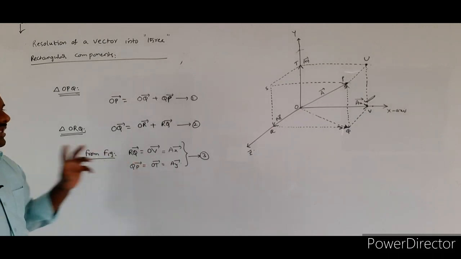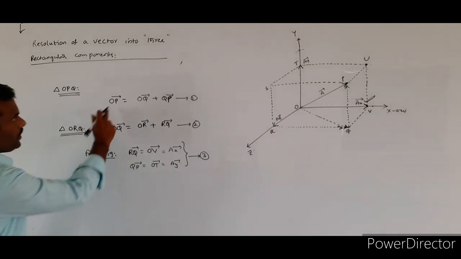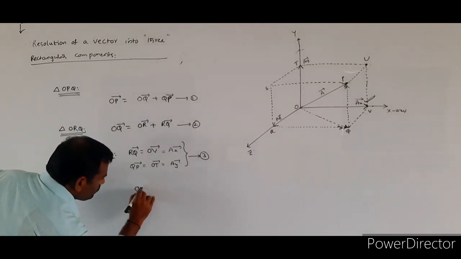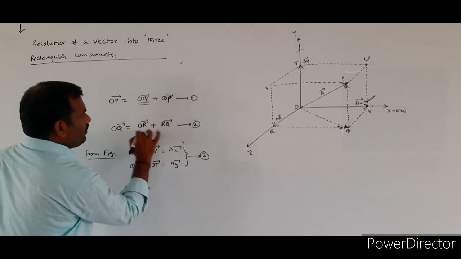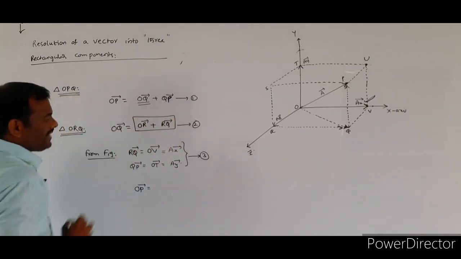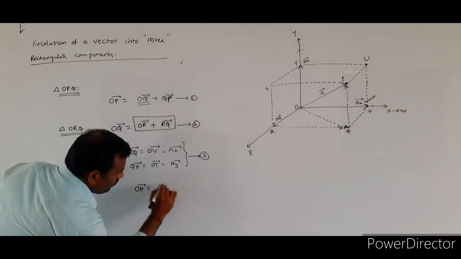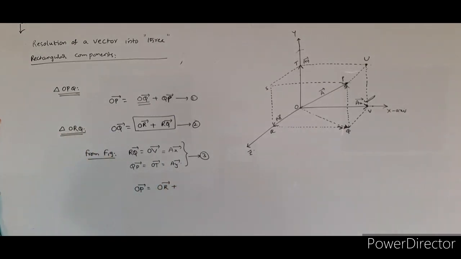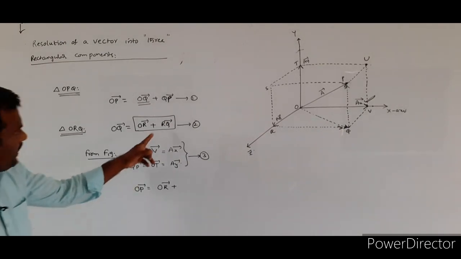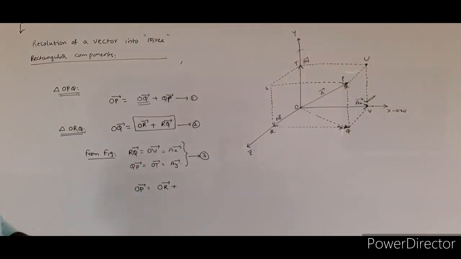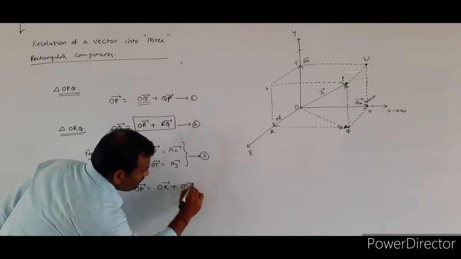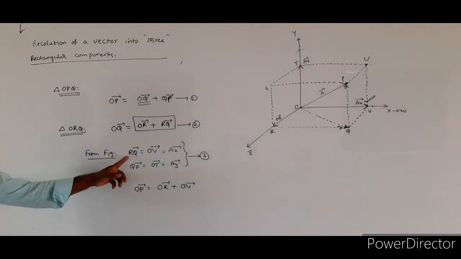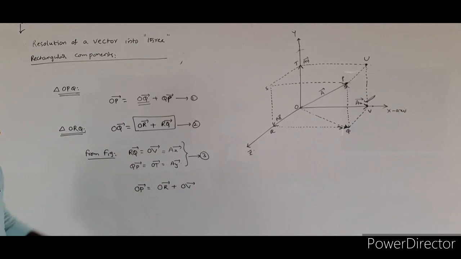Now see here, OP bar is equal to OQ bar, and OQ bar is equal to OR bar plus, in the place of RQ bar, can I write OV bar?